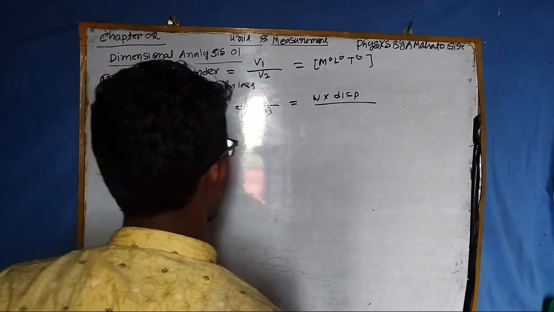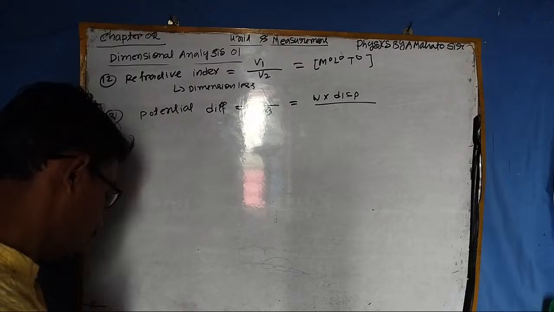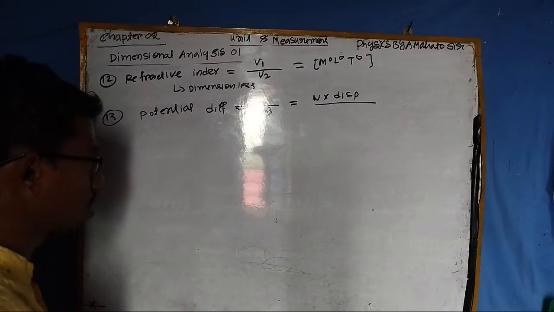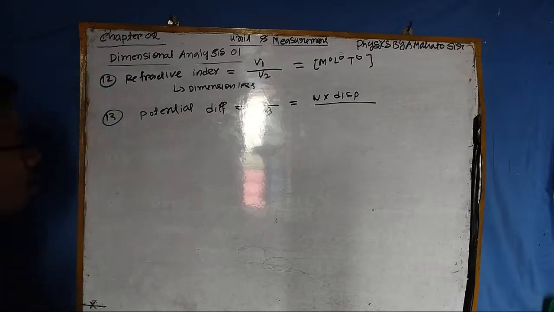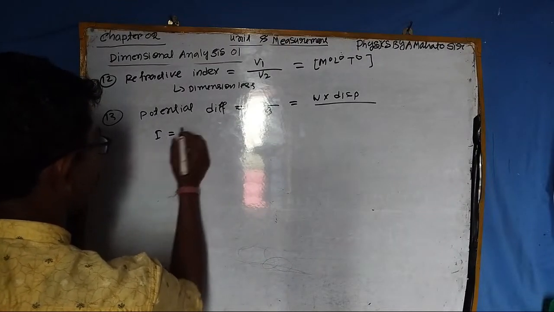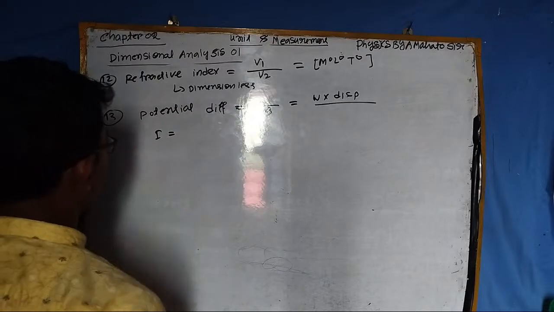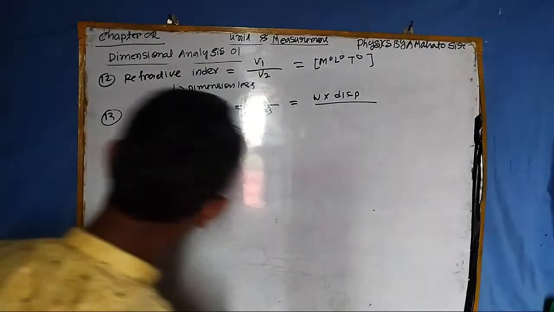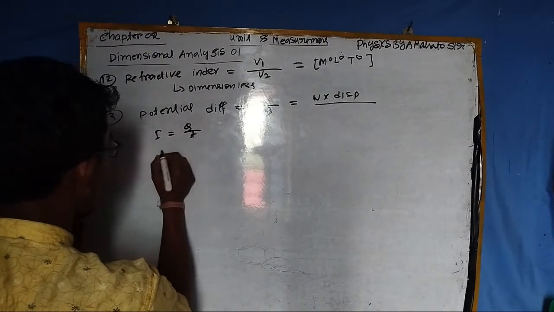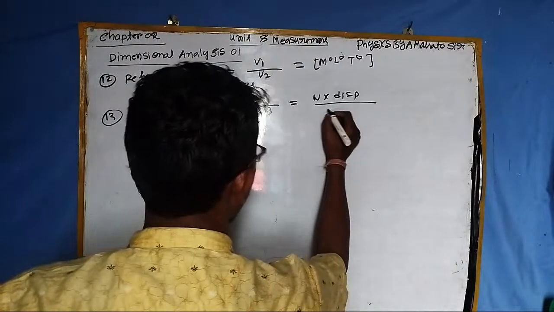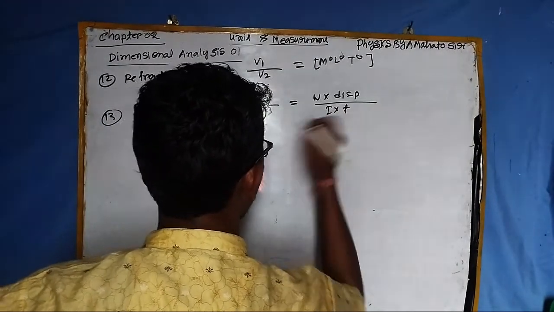For charge, we know current I equals q by t, so q equals I into t.